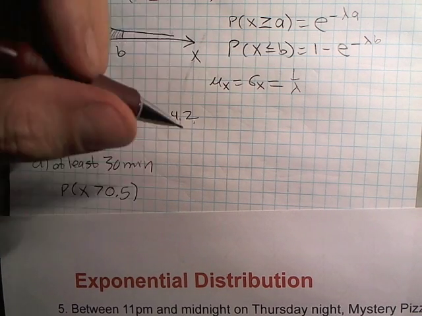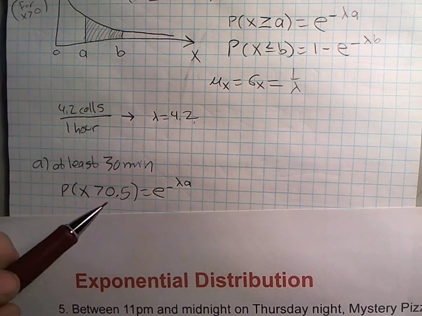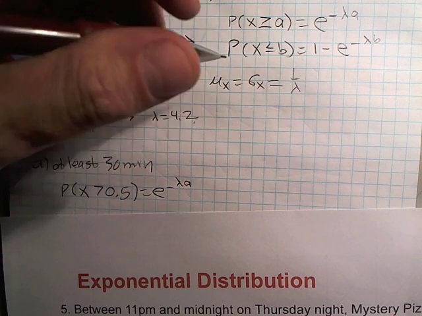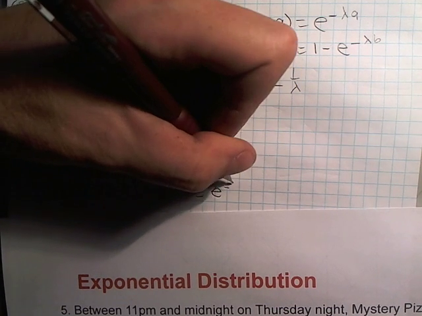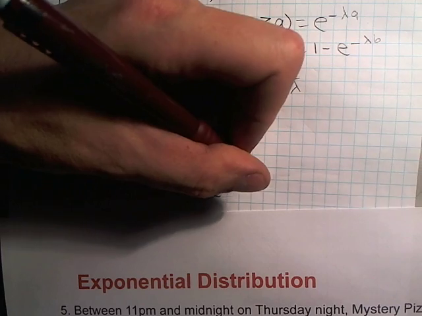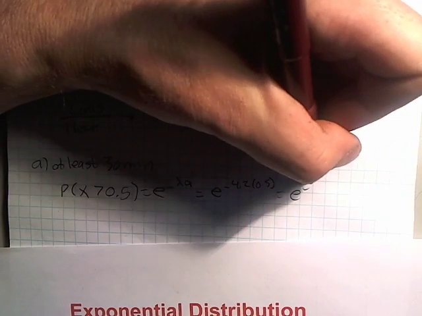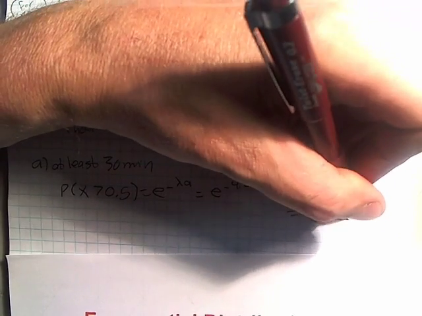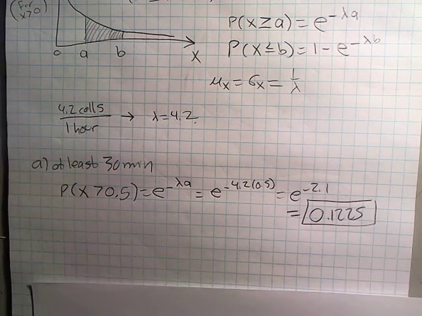Using this formula, it is equal to e to the negative lambda multiplied by a. A is 0.5 hours here, and that's going to give us e to the negative 4.2 times 0.5, which is e to the negative 2.1, which is equal to 0.1225. So that's our answer for part A.